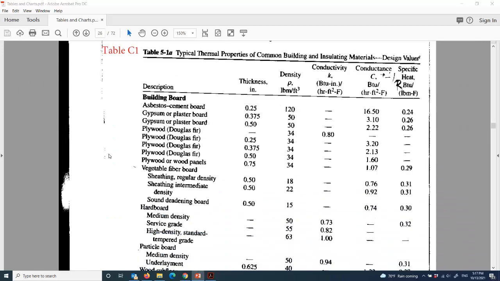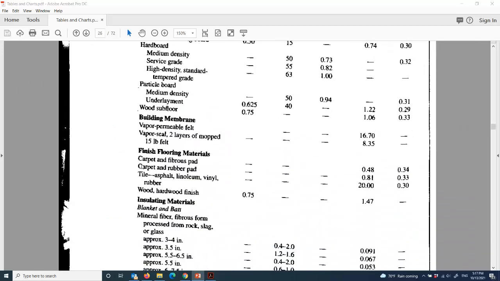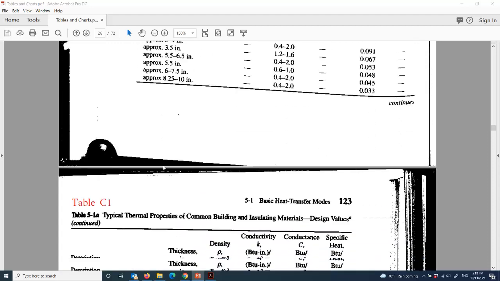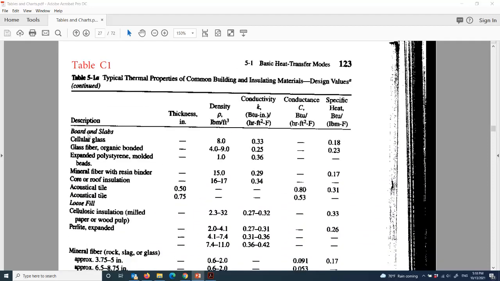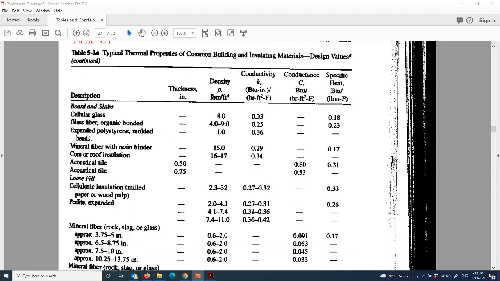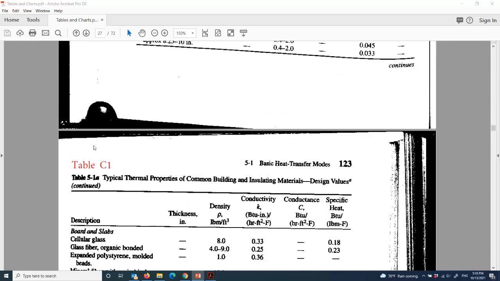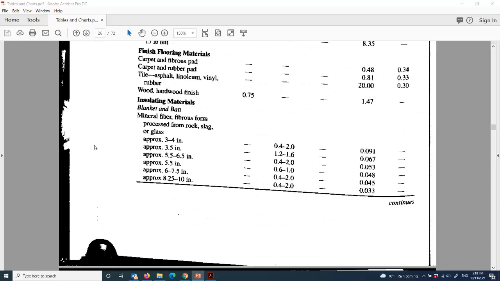Okay, we're here. If you go down to the insulating material boards, okay, what's that? It's a wall. What's this one? Insulating material.